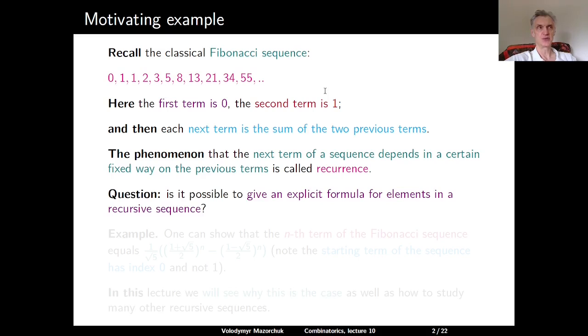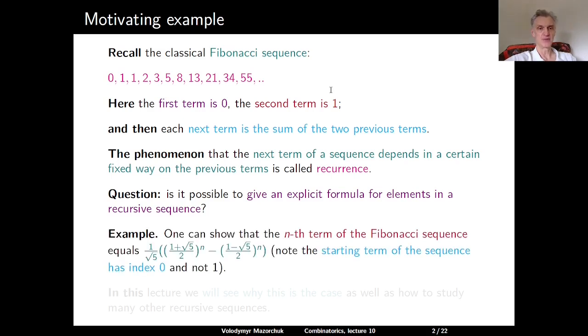And the question which we would like to ask is, is it possible to give an explicit formula for elements in a recursive sequence? So, for example, we will show later that the nth term of the Fibonacci sequence equals 1 divided by the square root of 5 times the following expression: ((1 plus square root of 5) divided by 2) to the power n minus ((1 minus square root of 5) divided by 2) to the power n.